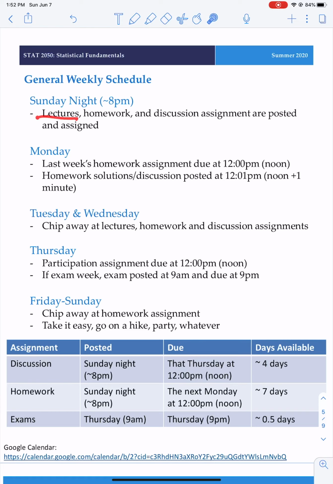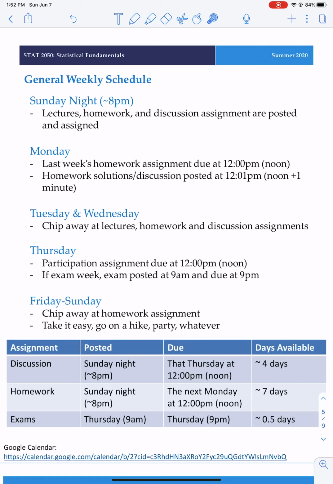I'm going to post the lectures, the homework, and the discussion assignment all on Sunday night. And then after that, you're free to do it however fast or however slow you want. Rewatch the videos, redo the homework if you want, do whatever. It's totally up to you. So we won't be holding class every day because that's just a pain. It'll be all at your own pace.